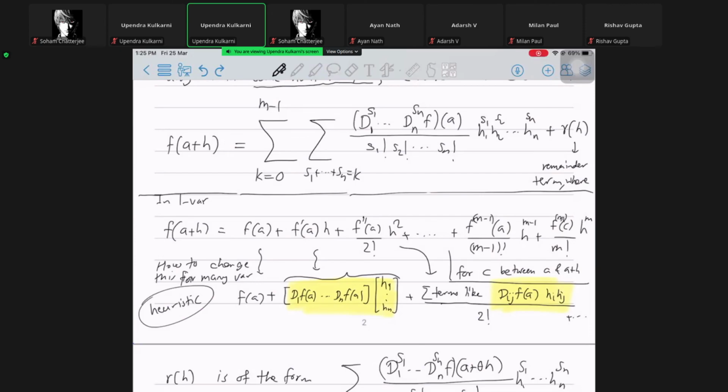I'm just doing pattern matching here. In the one variable case, what did I do? I took the double derivative, multiplied by h square and divided by 2 factorial. Here the double derivative has many components in various directions. When I take the component of the double derivative in the i and j direction, the analog of multiplying by h square should be multiplying by h in the ith direction and h in the jth direction. So it's really pattern matching.